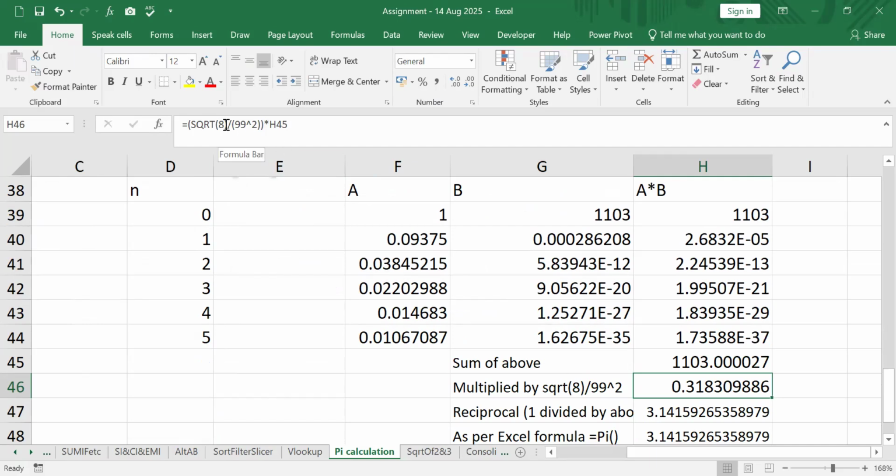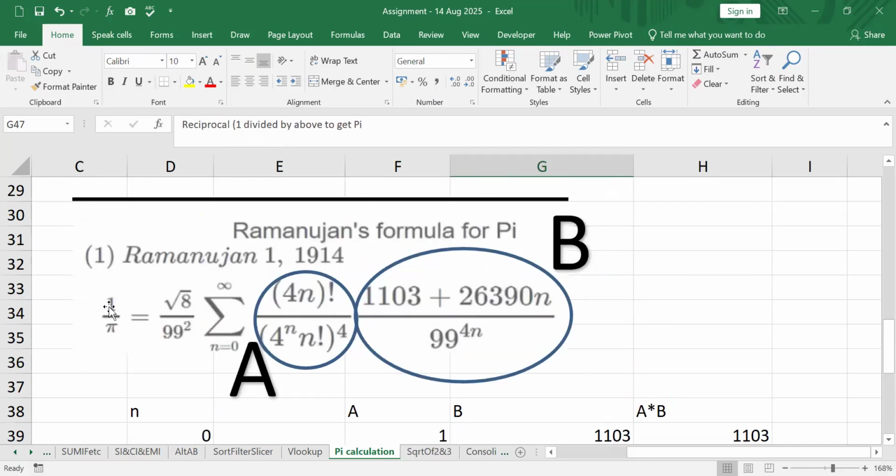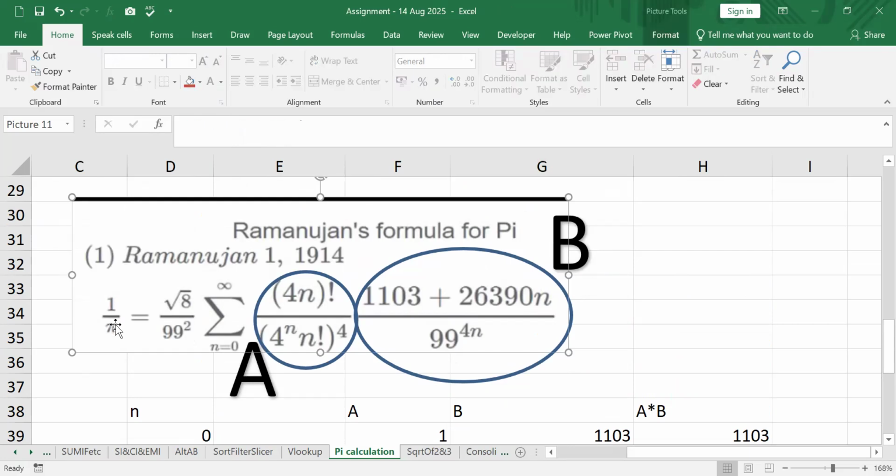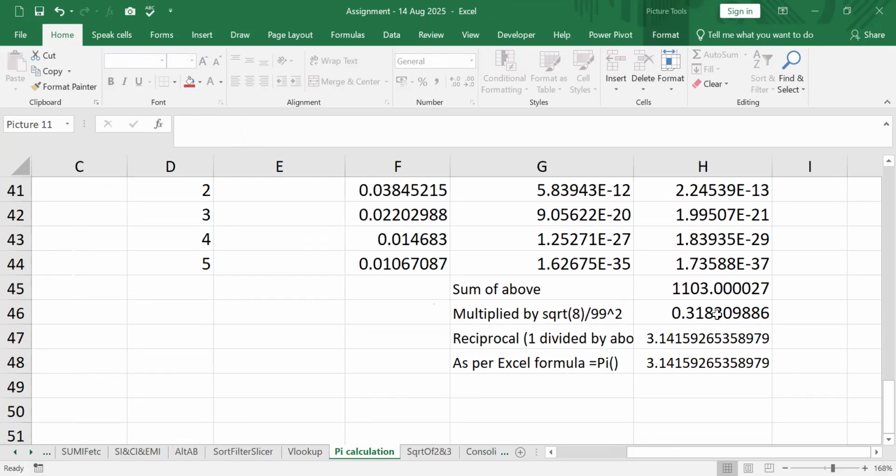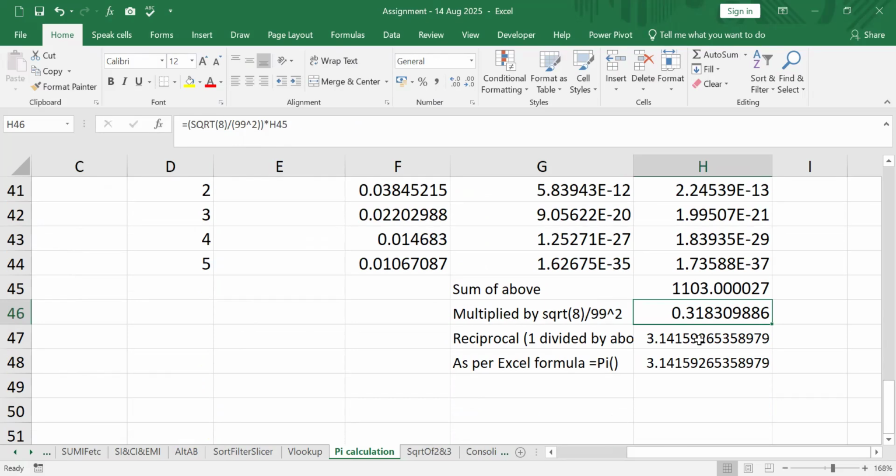So we have square root of 8 divided by 99 to the power of 2 into whatever is there in H45. Now that will give us 1 by pi. To get pi, we have to take 1 by this one. We have to take a reciprocal of whatever we have got here. So it is 1 by what is there in H46. So this is equal to pi.